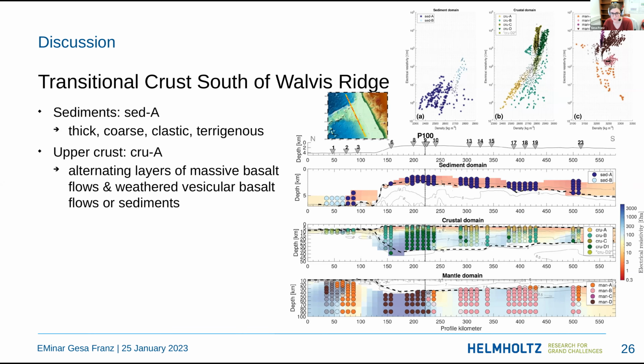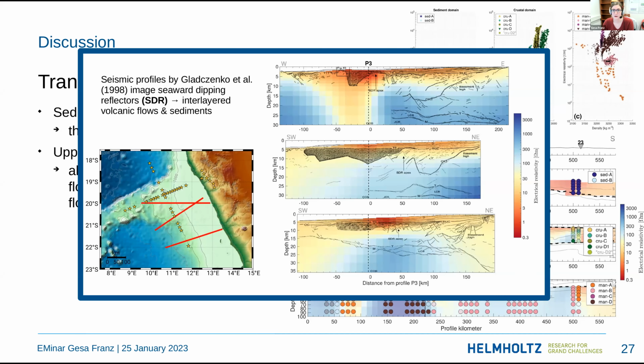For that, I want to show you a quick insert where I have some resistivity cross sections through the model along these 3 profiles with overlaying of seismic line drawings. These are seismic profiles from Bilachenko et al., and they image these SDRs, these seaward dipping reflectors, which are a typical feature in volcanic passive margins.